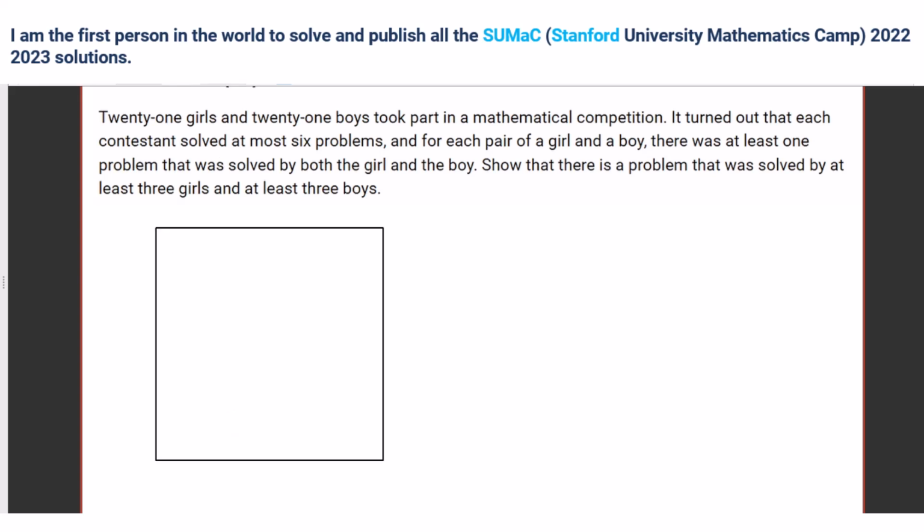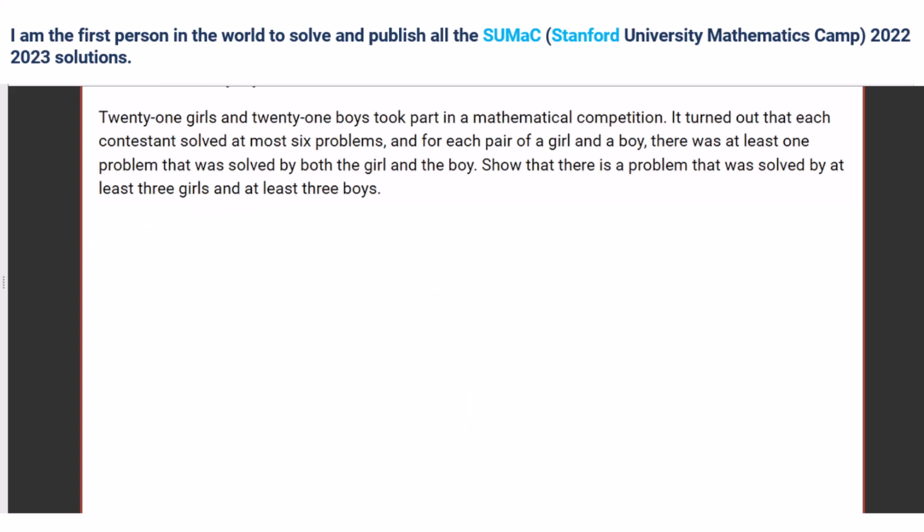21 by 21. For example, you consider boys on top, girls, for example, columns for boys, rows for girls. So it will be B1, B2 to B21, right?